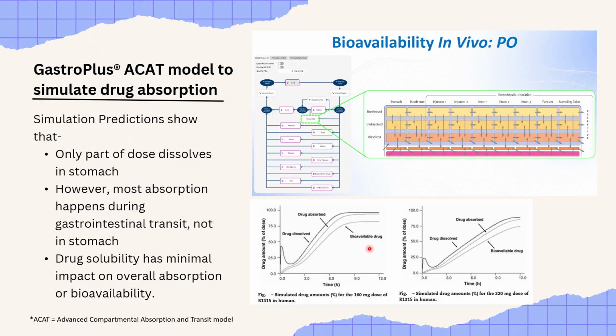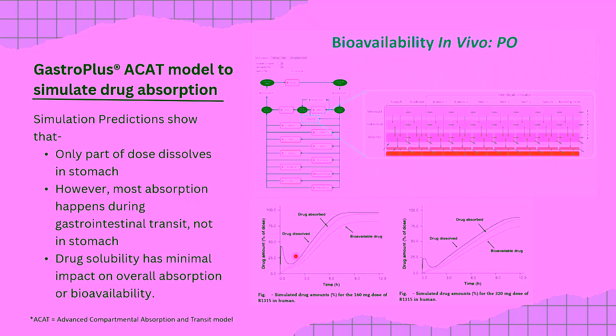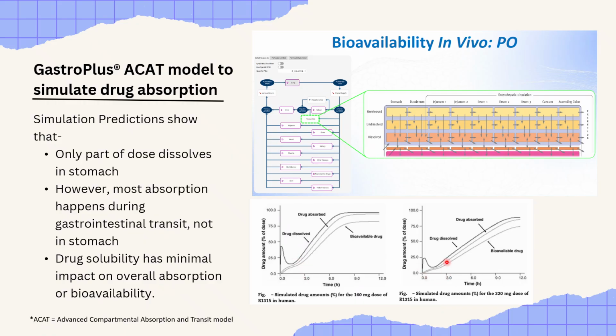Simulation results show that only part of the drug was dissolved in the stomach, but most of the absorption occurs during gastrointestinal transit, because the drug precipitated in the stomach gets enough time to dissolve for complete absorption.